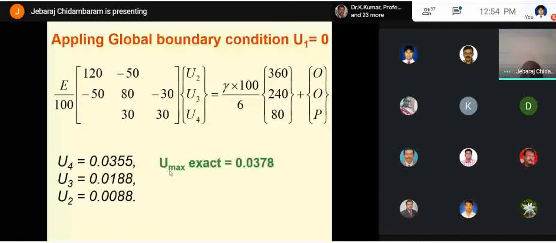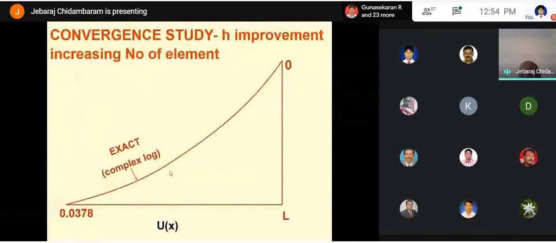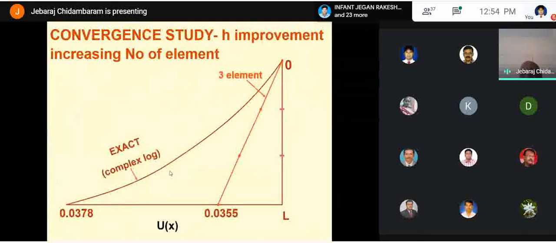Okay. So there is a difference because I divided into 3 elements. If it is divided into 6 elements, 10 elements, 50 elements, 100 elements, I will see the convergence. So the exact solution is a complex logarithmic. I do 3 elements and I got the solution as 0.0355.